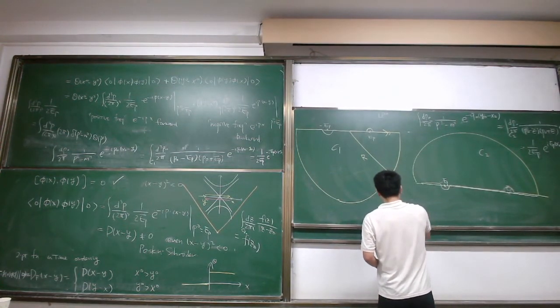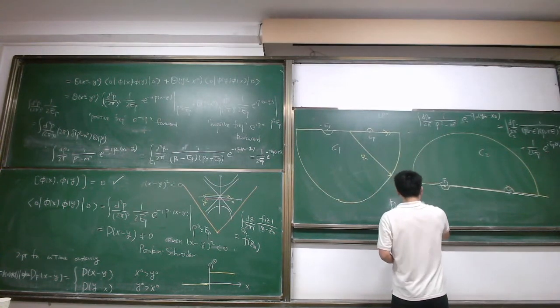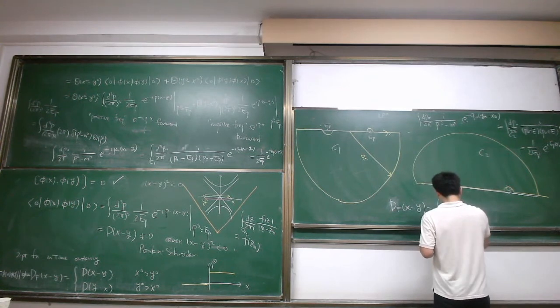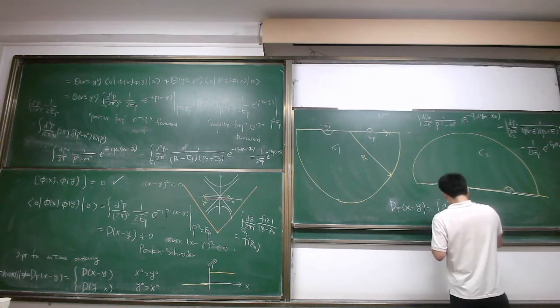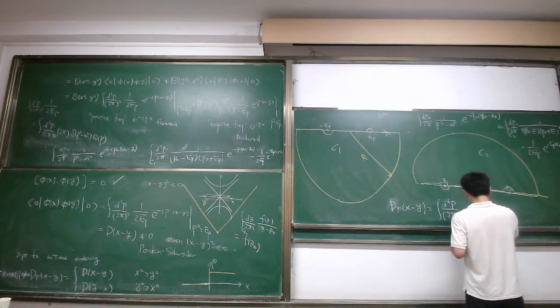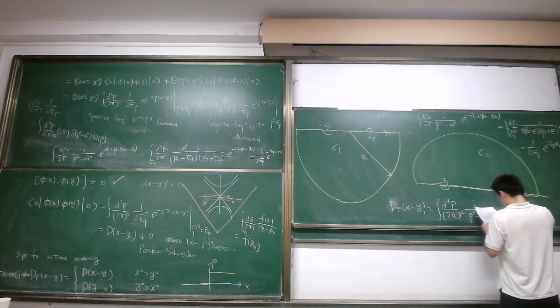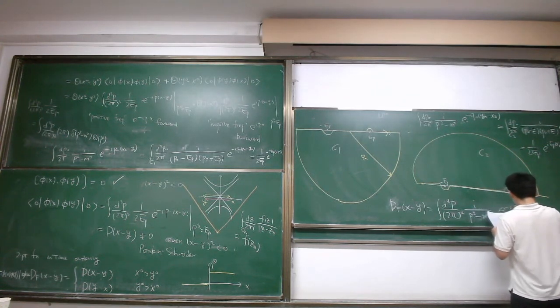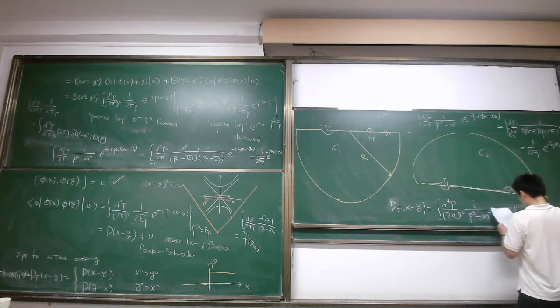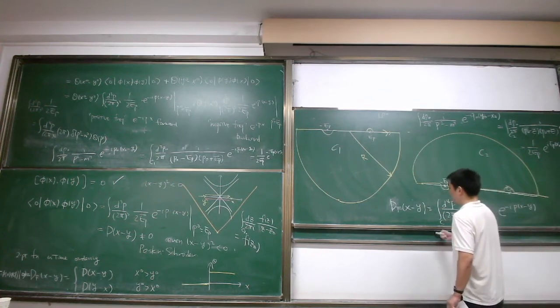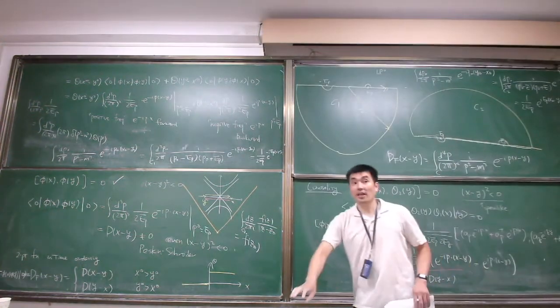This x minus y is the propagator, and the contour C is taken as follows.